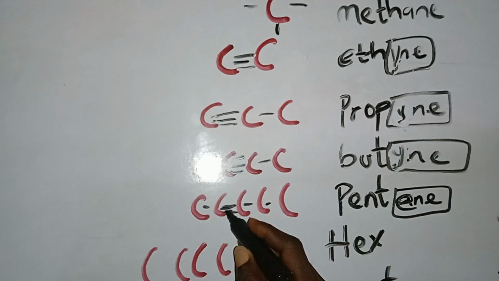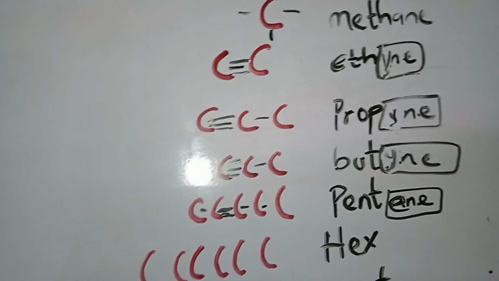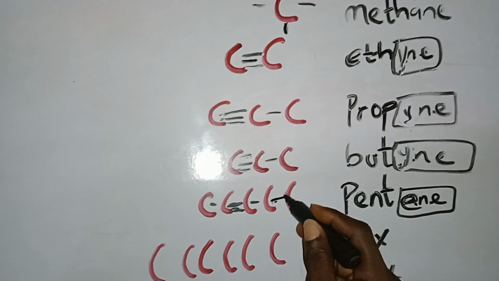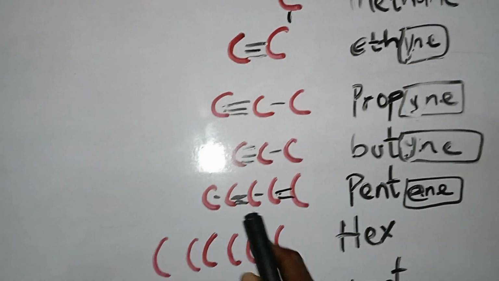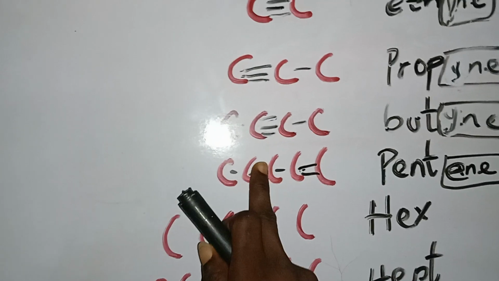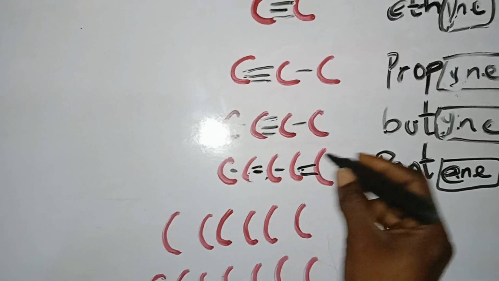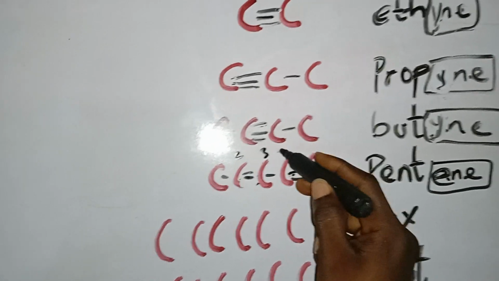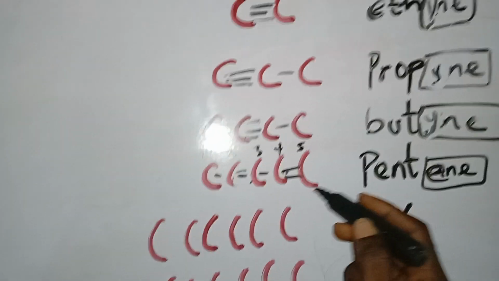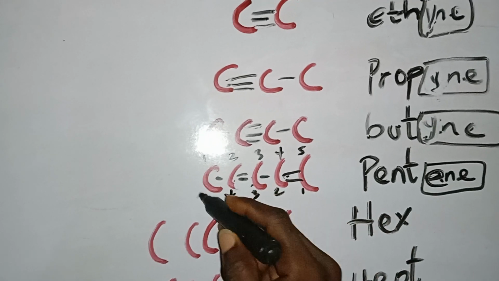Now, what of a situation whereby I see a single bond and I see 2 double bonds? For example, a situation like this case now, where I see 2 double bonds. This will now be going this way. I will count 1, 2, 3, 4, 5. And we'll do more of this when we get to IUPAC nomenclature.